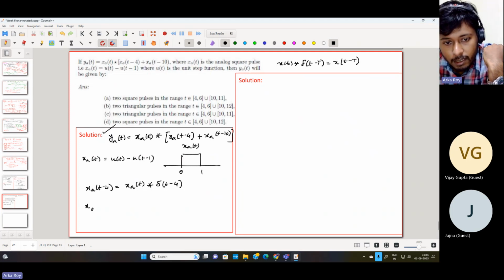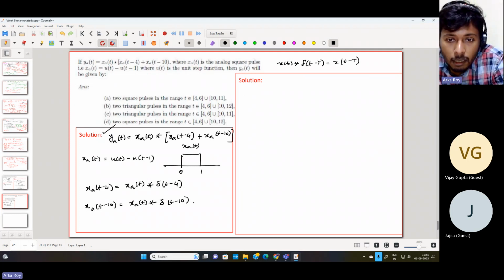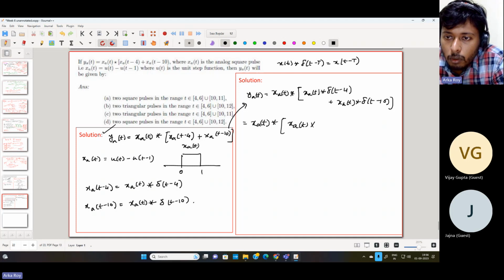And similarly, xa(t minus 10) will be xa(t) convolved with delta(t minus 10). Therefore, if I plug these formulations over here, it will be xa(t) convolved with xa(t) convolved with delta(t minus 4), and xa(t) convolved with delta(t minus 10). So thereby xa(t) convolution delta(t minus 4), delta(t minus 10).